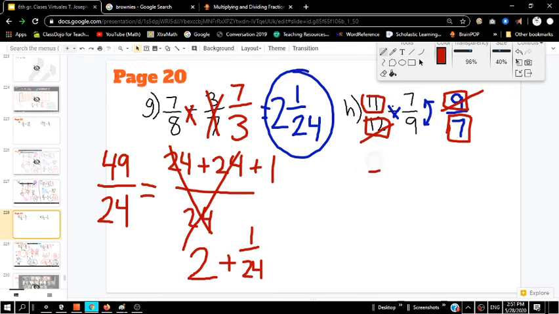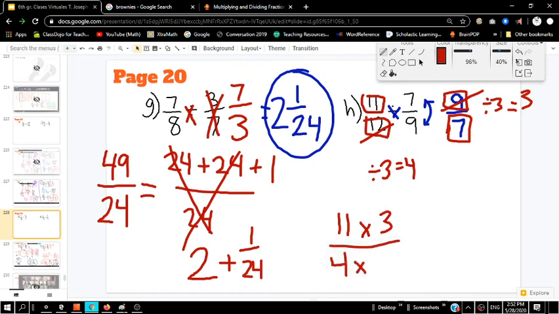Let's do that. So our new problem is 11 times 3 over 4 times 7, which equals 33 over 28.